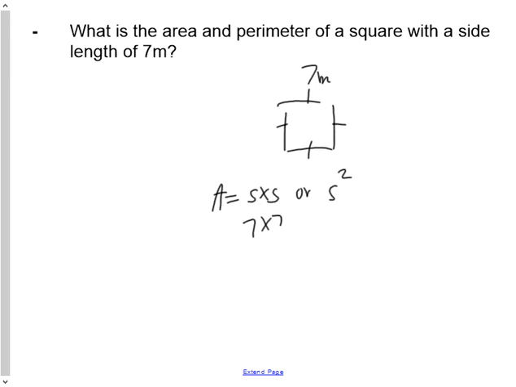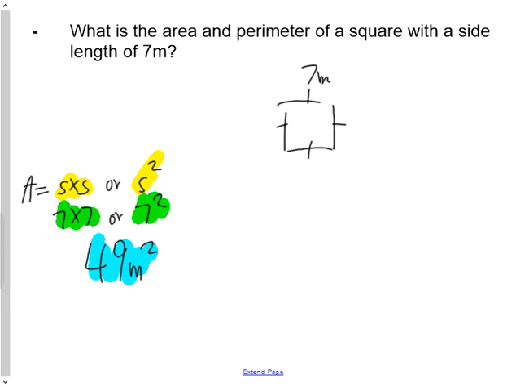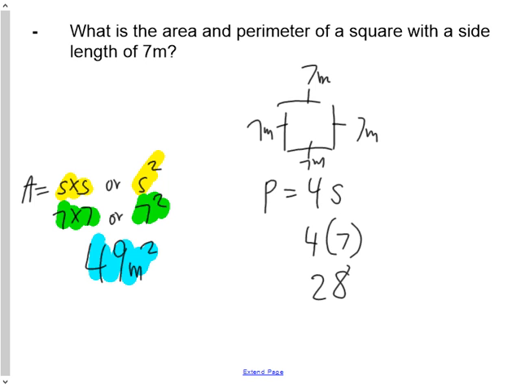So 7 times 7, or 7 squared, but either way you do it, you would get an area of 49 meters squared. Your perimeter is equal to 4 sides, or 4 lengths of 7, because each of these is 7 meters. So if I multiply 7 by 4, I will get 28 meters as the perimeter, or the distance around.